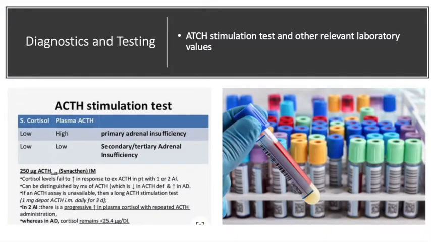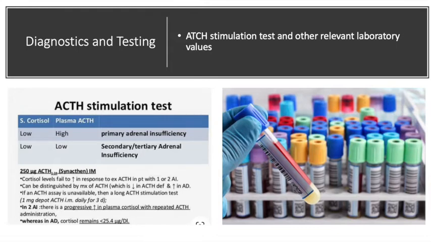Now I'm going to discuss the diagnostics and testing for Addison's disease. One test that's performed for the patient with Addison's disease is known as an ACTH stimulation test, and it's performed to determine the difference between primary and secondary adrenal insufficiency.